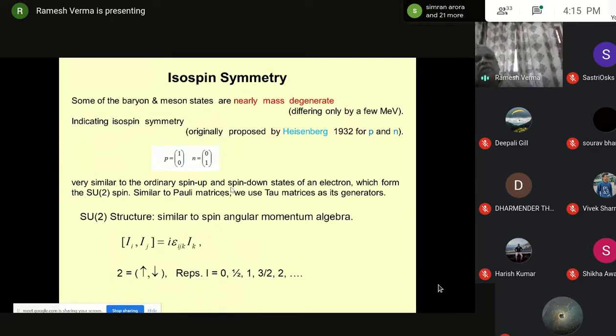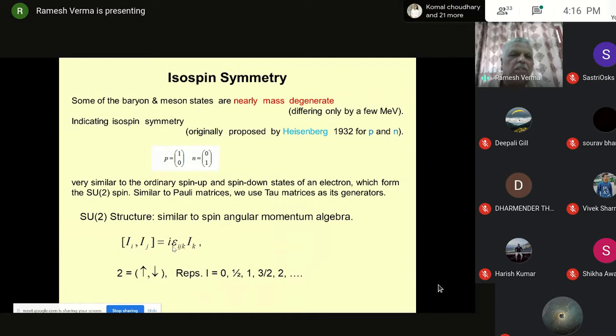So mathematically, as we have been talking about, isospin has exactly the same commutation relation, exactly the same mathematical treatment as the spin. The only change I have made is that I want to bring in the concept of this particular quantity. What I am saying here is that the commutation relation of isospin operators Ii, Ij is given as a linear combination of Ik. There is a sum over k understood.